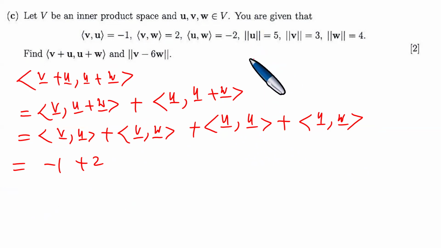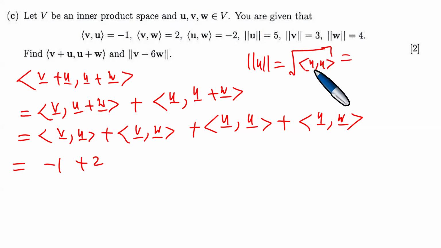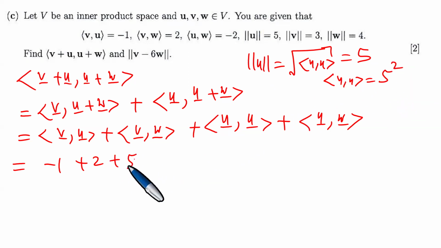Because obviously the length of U is the square root of the inner product of UU, and this length is 5. So if you have UU alone, then you square both sides, so UU is going to become 5 squared. What about UW? It's negative 2. Right, so you can put a minus 2 there.